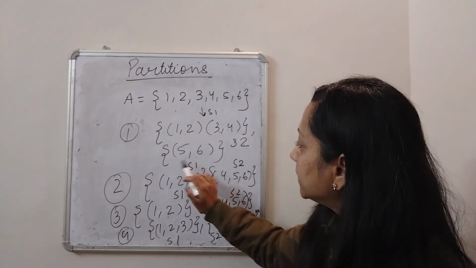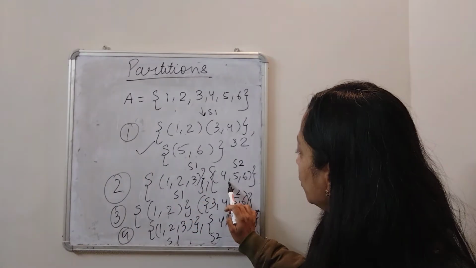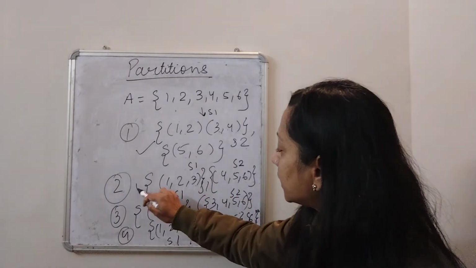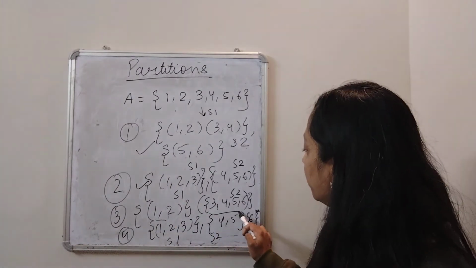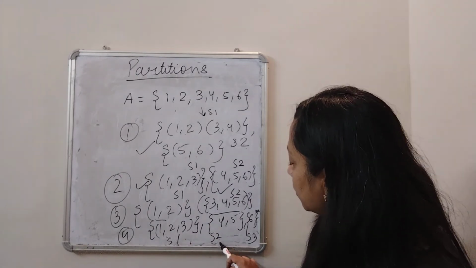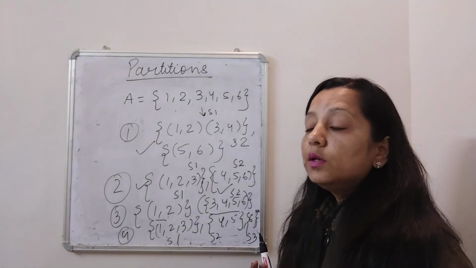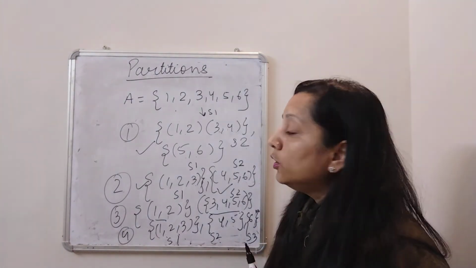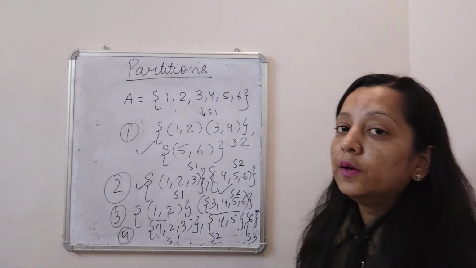Subset 2, you have 5, 6. This is one partition. Then subset 1, you have 1, 2, 3. Subset 2, you have 4, 5, 6. This is another partition. Then subset 1, you have 1, 2. Subset 2, you have 3, 4, 5, 6. Another partition. Subset 1, you have 1, 2, 3. Subset 2, you have 4, 5. And subset 3, you have 6. Another partition. So you can partition a set in multiple ways.